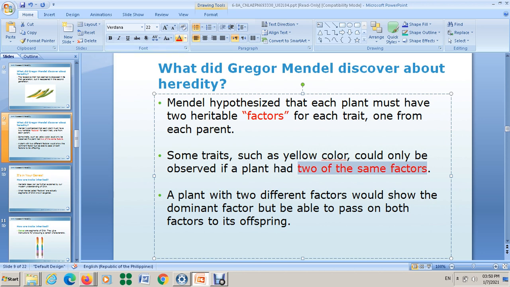Because it's recessive, it should contain the same factor twice. Now we will explain it in more detail to make it easier to understand. A plant with 2 different factors would show the dominant factor. This one is very important to know. But it would be able to pass on both factors to its offspring.